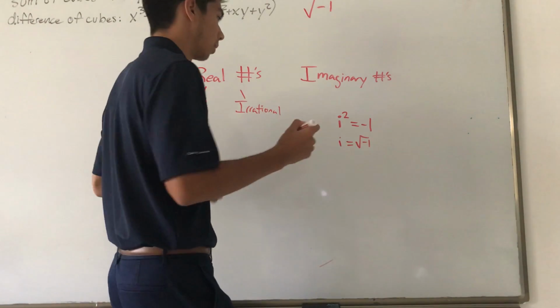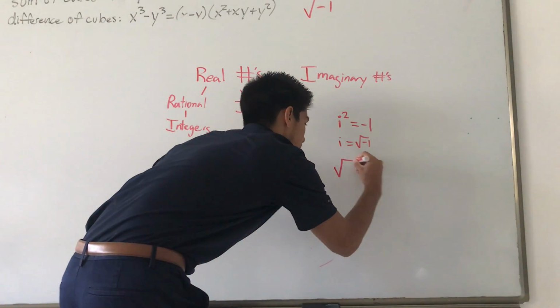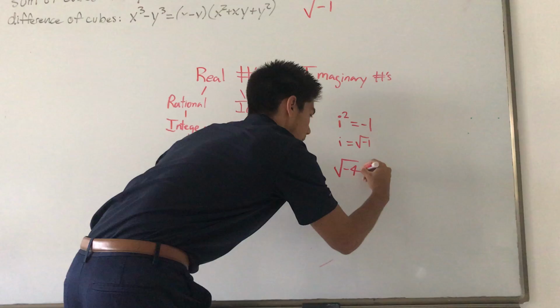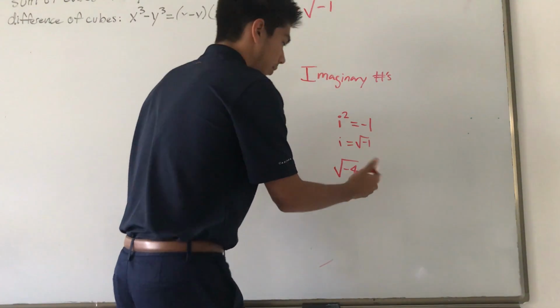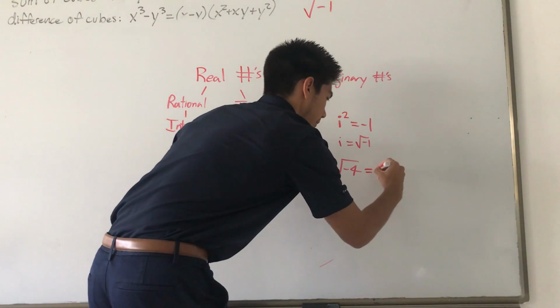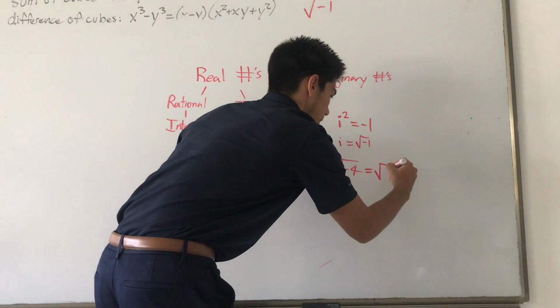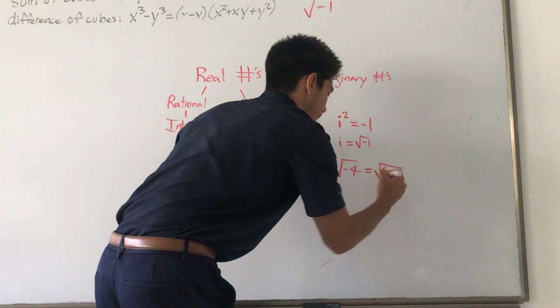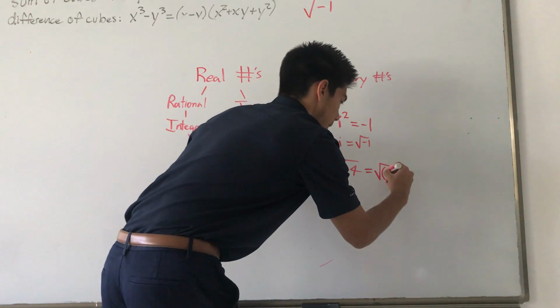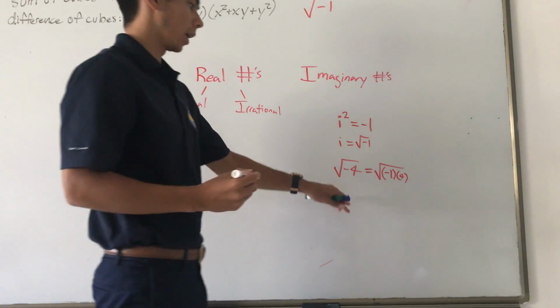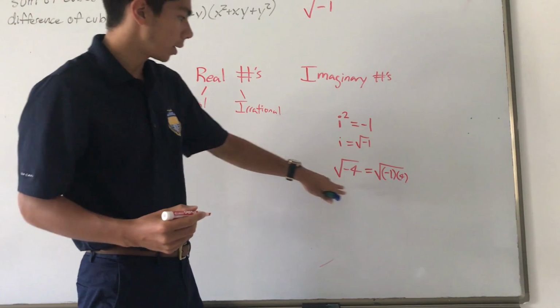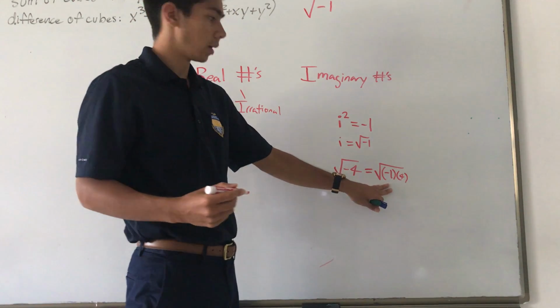So if, for example, I wanted to take the square root of -4, I would break this into two things. So you may remember how to split apart your numbers under the square root. So this is a -1 times a 4, right? Now I know what the square root of -1 is, I can pull that out.